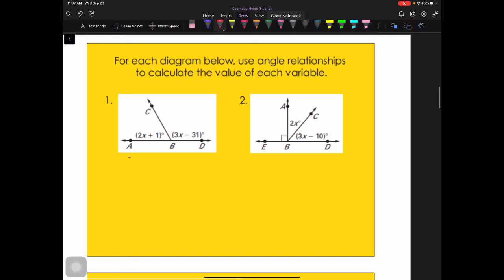So let's add that note, supplementary. That means if I take this angle here, 2x plus 1, plus this angle here, 3x minus 31, if I add them up, they will equal 180 degrees because they are supplementary angles, which means they add up to 180.